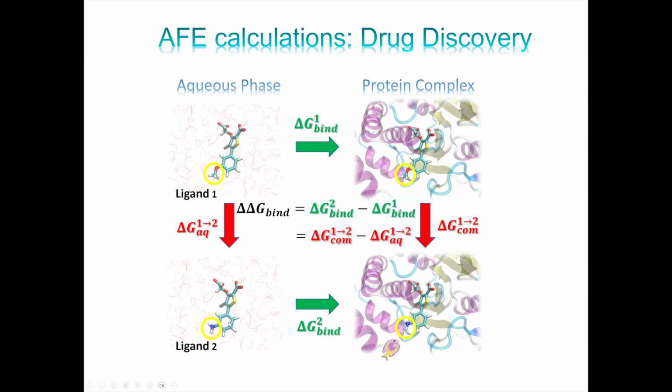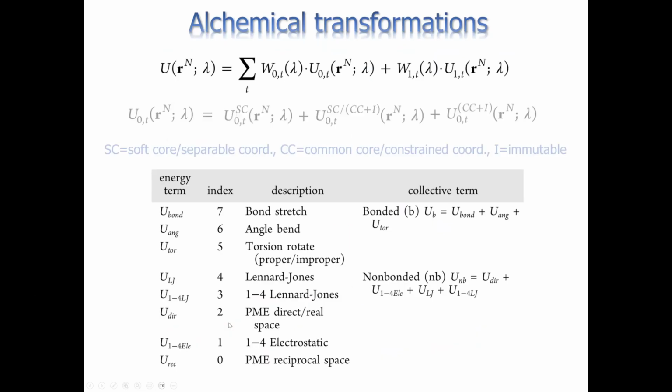So the common core would be the part that's not circled in yellow. It would be the part of the system sharing the same coordinates during the transformation, but not necessarily the same parameters.